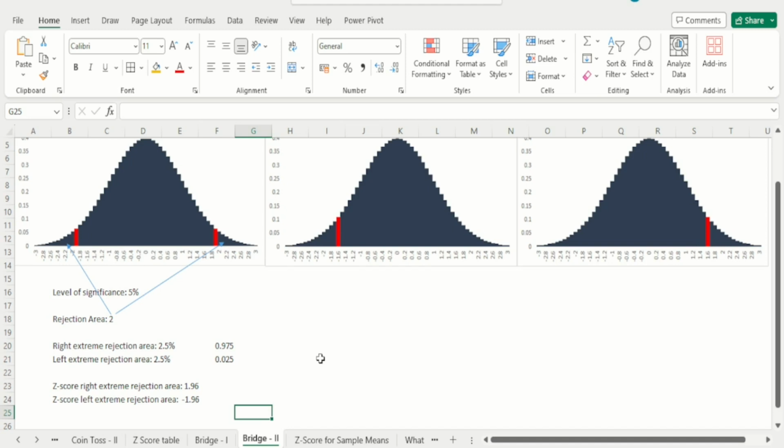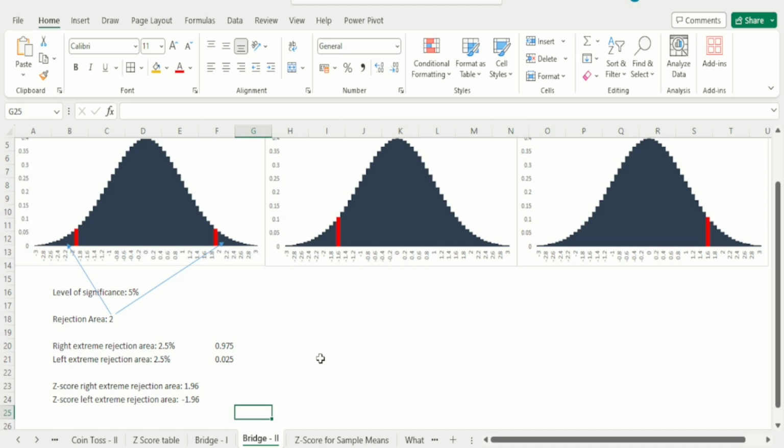Okay, and if you recall, that's what null hypothesis is. A null hypothesis is our opening hypothesis or our starting idea. And if the sample is so extreme that it is greater than 1.96 or less than minus 1.96 in terms of z-scores, then we will reject that null hypothesis, the idea that we began with.